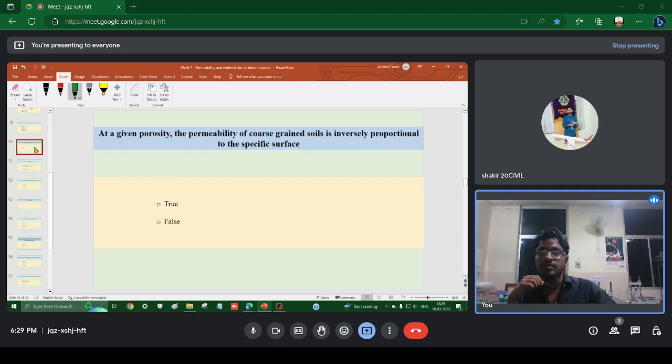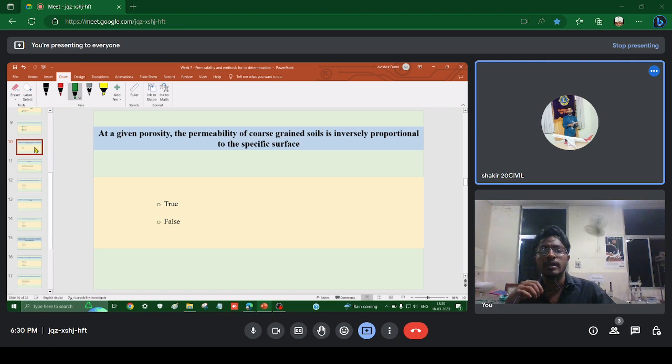Given the porosity, the permeability of coarse grained soils is inversely proportional to the specific surface. True or false? False. Actually, it is inversely proportional to the square of the specific surface.